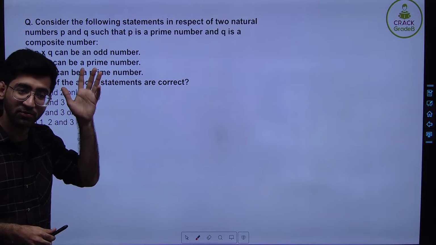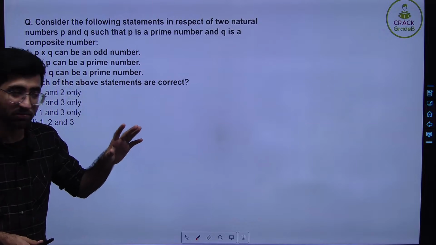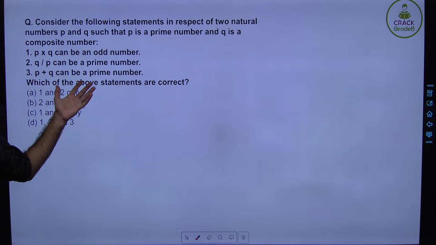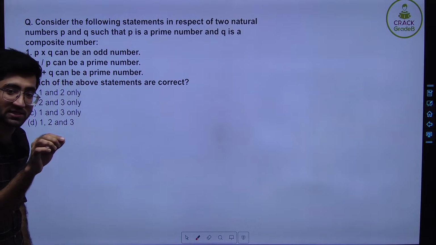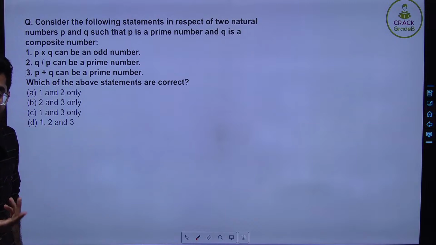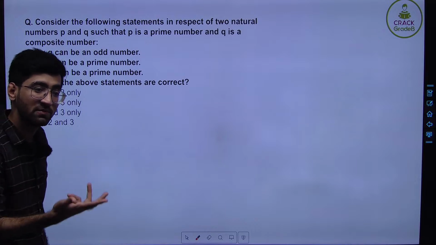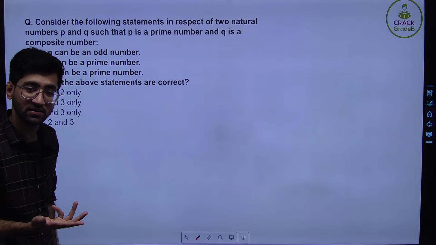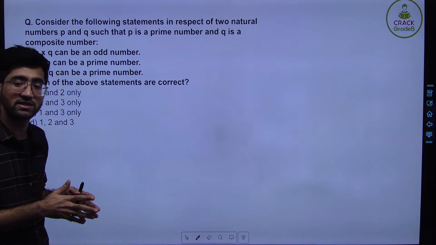Are you able to get my point? If you just remember even plus even equal to even, will you be able to answer this question? No. You should definitely be able to think, why did we say even plus even equal to even? We took random examples that one even number is 4, another even number is 6, 4 plus 6 is 10. That's why even plus even equal to even. So to solve these kinds of questions, we will have to take examples, right?